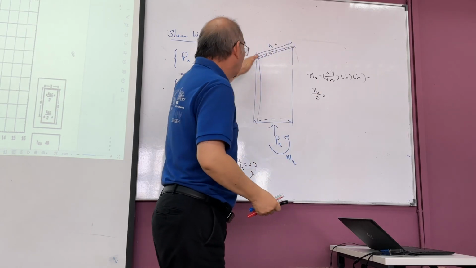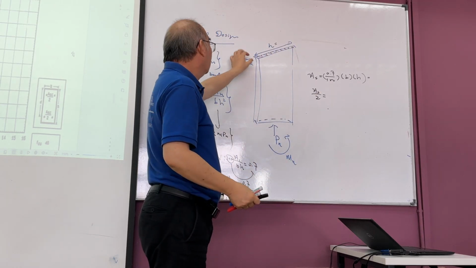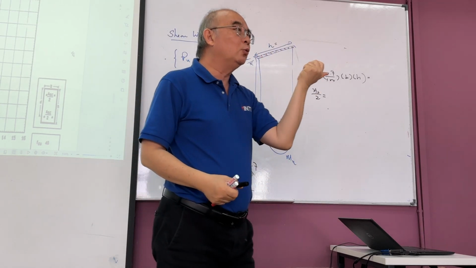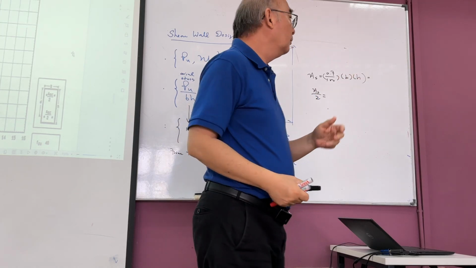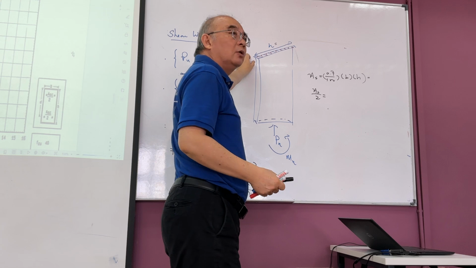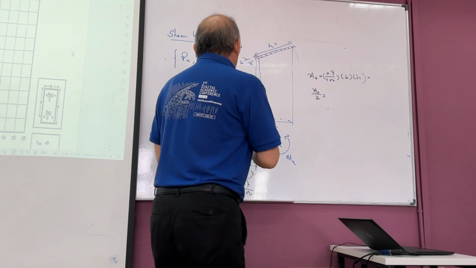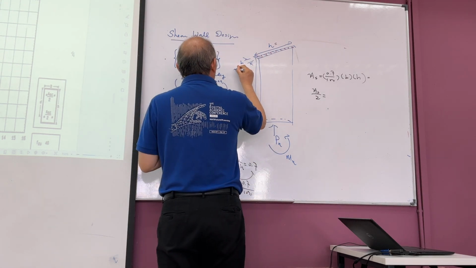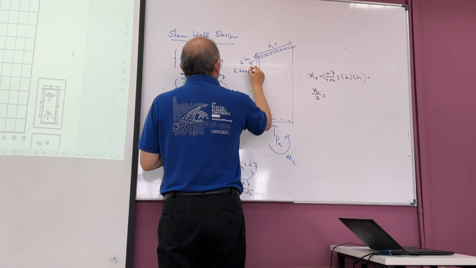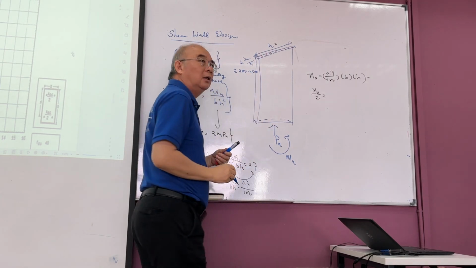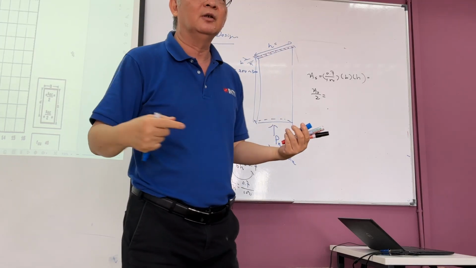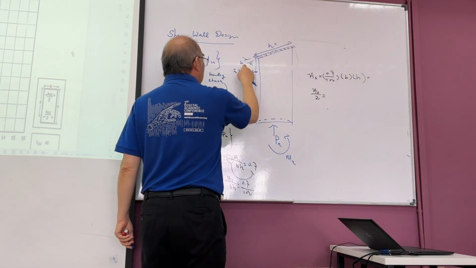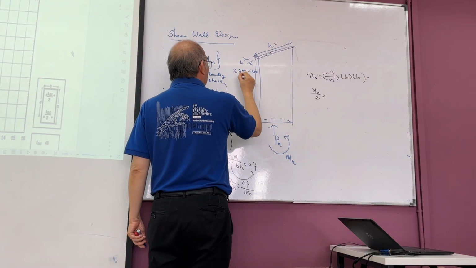So the height can be quite big. Okay, thickness maybe 300, 200. Normally wall thickness is typically 200 to 300. Okay, but then if it is higher, then it becomes 400, 450 and so forth, right? So this is 200, 300 typically.